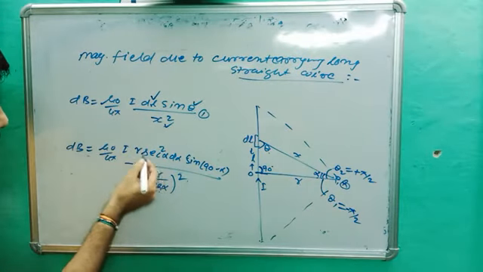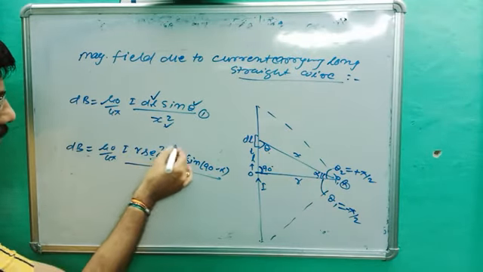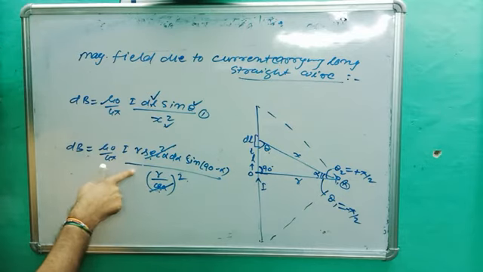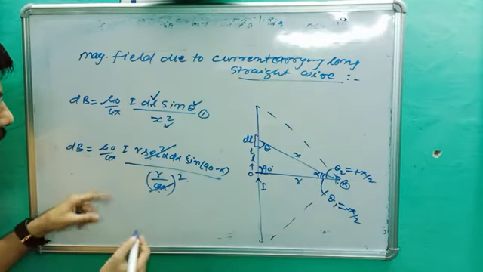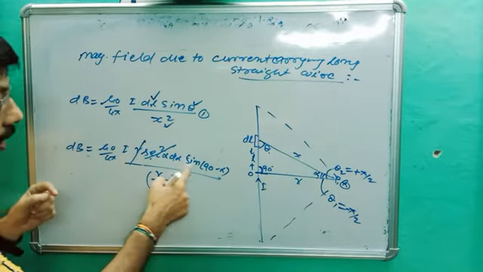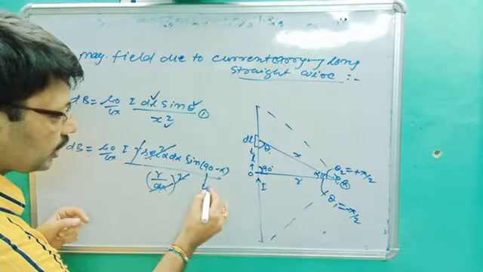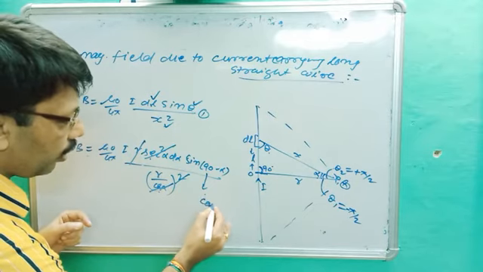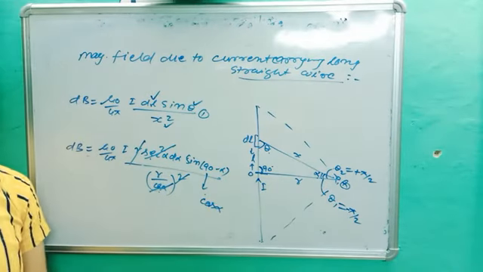Cos square alpha and sec square alpha will cancel out, since 1 upon cos square alpha is sec square alpha. One R will also cancel out. And sine 90 minus alpha is equal to what? Cos alpha. Sine 90 minus theta is equal to cos theta.